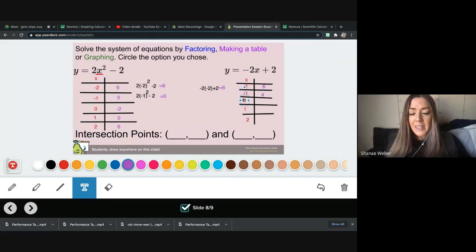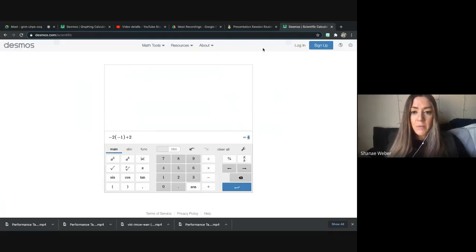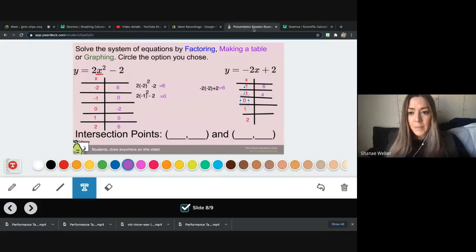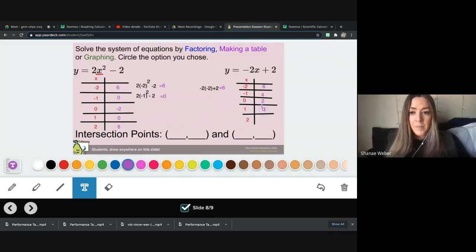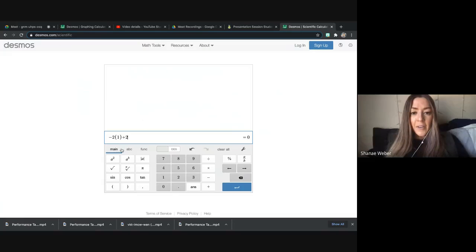Now I'm going to replace that -1 with 0. I get 2. And then I'm going to replace that 0 with 1. I get 0. And then I'm going to replace the 1 with a 2, and I get -2.